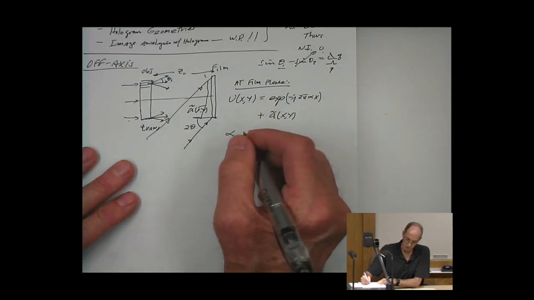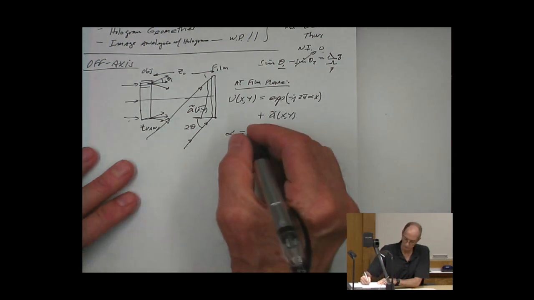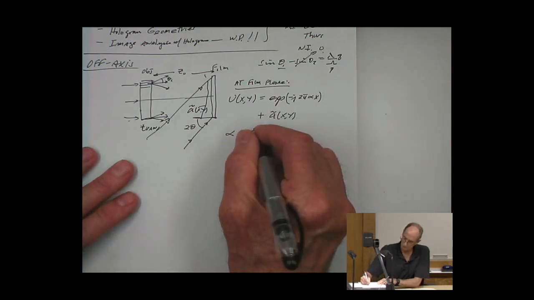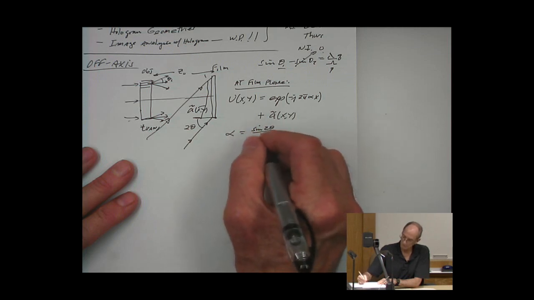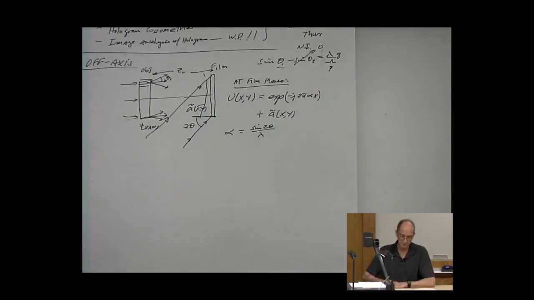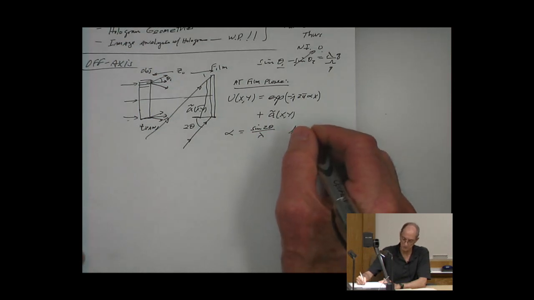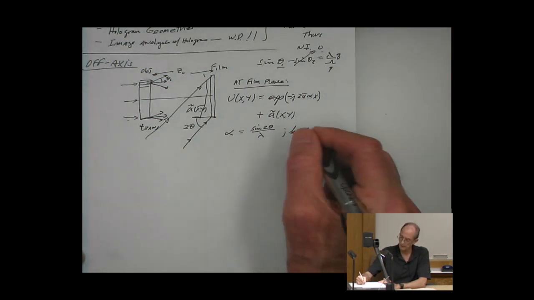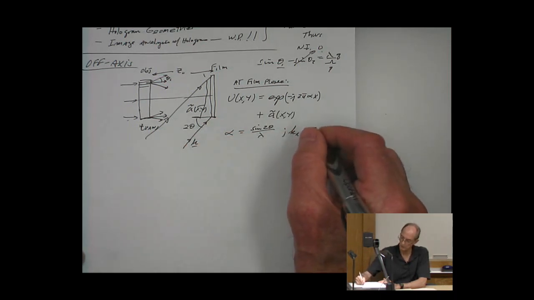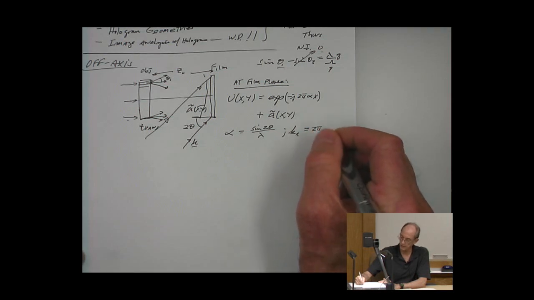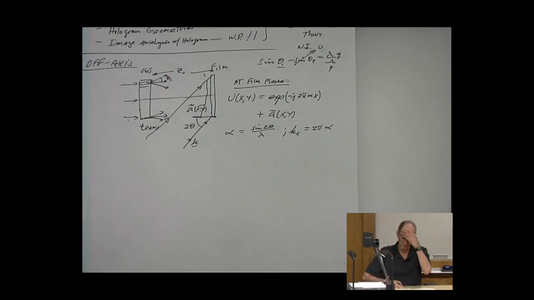This alpha is the spatial frequency along the x direction for that wave, and that's equal to the sine component of the propagation vector, sine of 2 theta over lambda. We can say that k sub x, the x component of the propagation vector, is equal to 2 pi sine of 2 theta over lambda, or 2 pi times alpha, just to relate it back to a few other things.